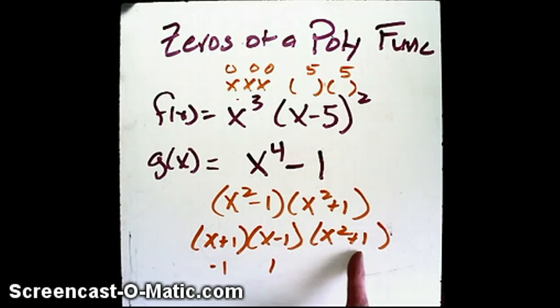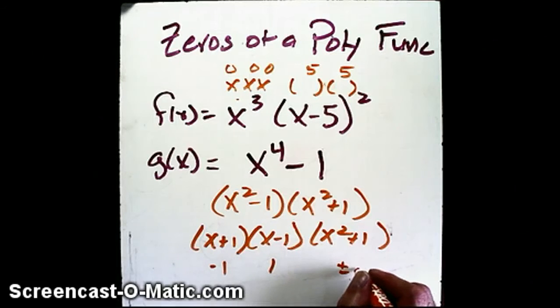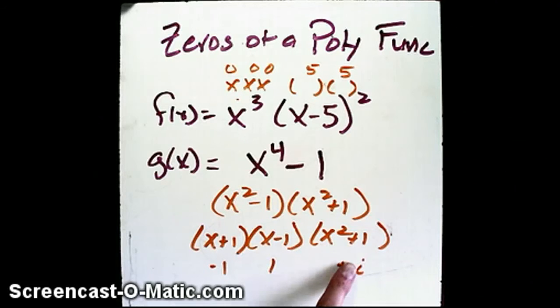If you tried to set that equal to 0, you'd end up with an imaginary number. So you would have plus or minus i, okay? But normally when we're graphing them, we don't use the imaginary numbers, or complex numbers, or pure imaginary numbers. So keep that in mind. So here the 0 is negative 1 and 1.